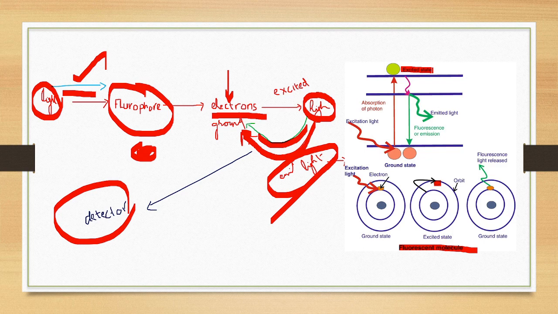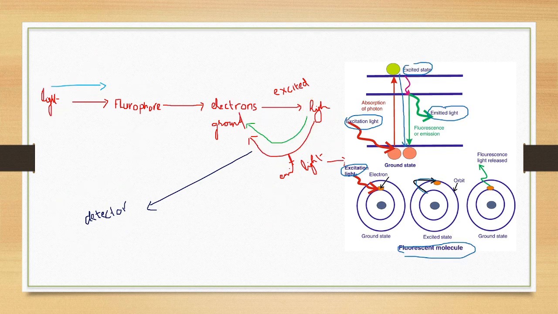This lasts only a fraction of a second; it is very unstable and comes back to the ground state. While coming back, it emits light of a different wavelength, and this process is called fluorescence or emission. When an electron from a higher energy state moves back to the ground state, it emits a particular type of light, and the process is called fluorescence.